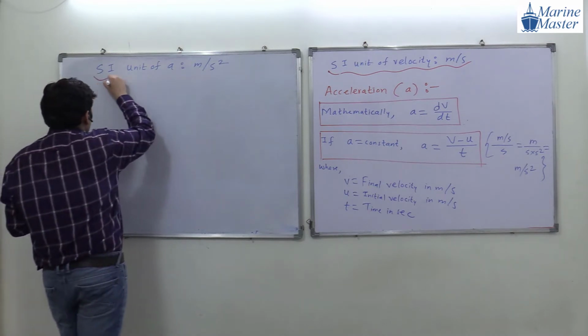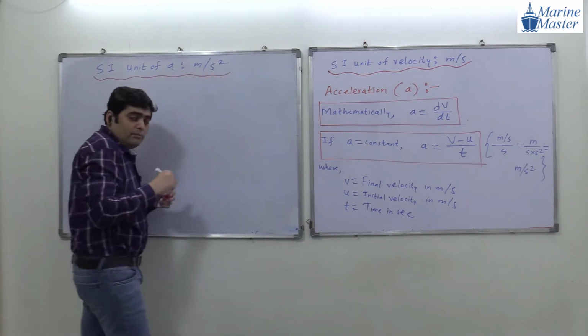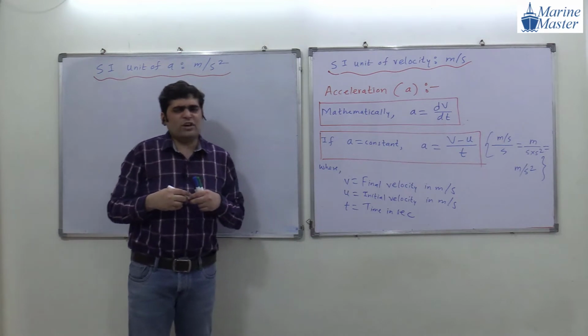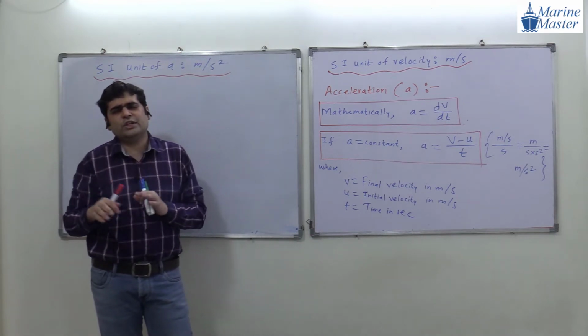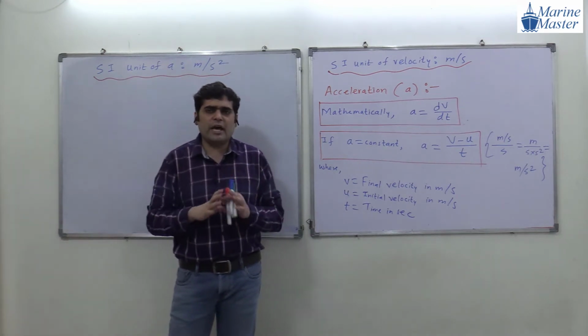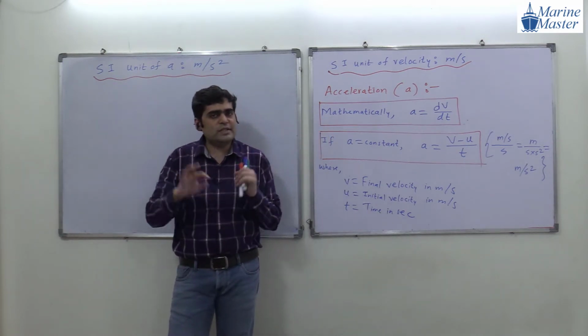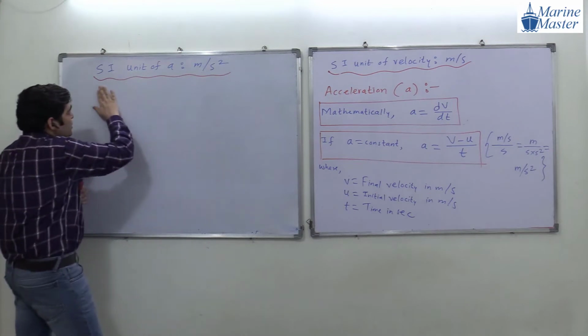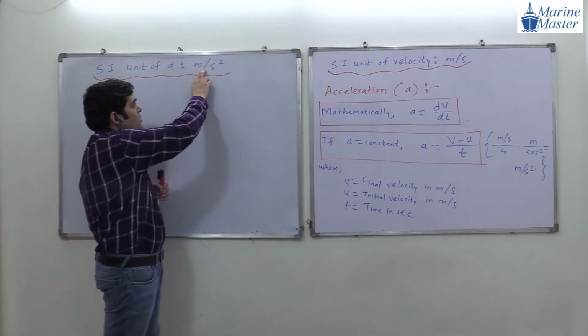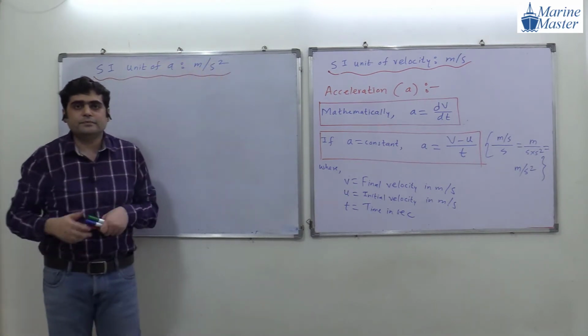So always be focused on units. In mechanics, except for one or two situations, we are going to use SI units in almost every situation. So please everyone write down this one: the SI unit of acceleration is meter per second square.